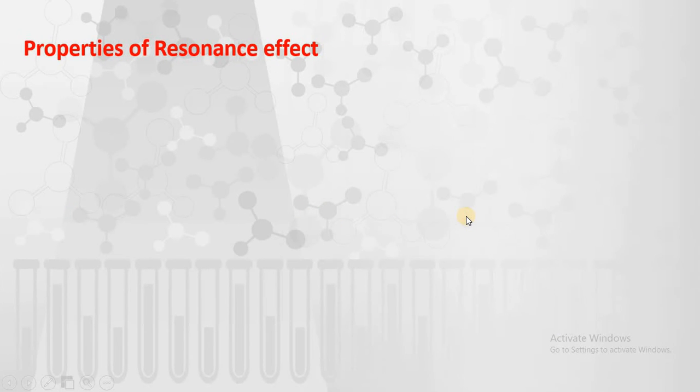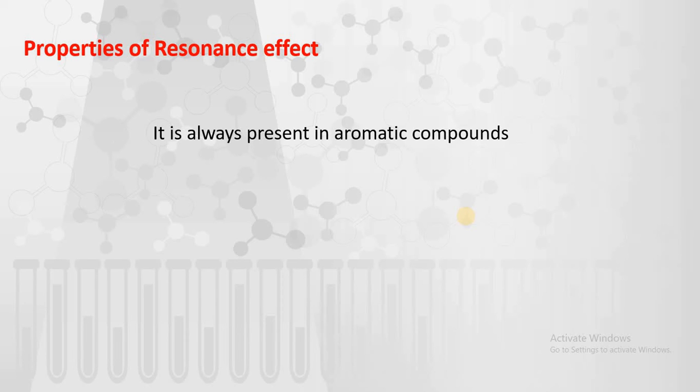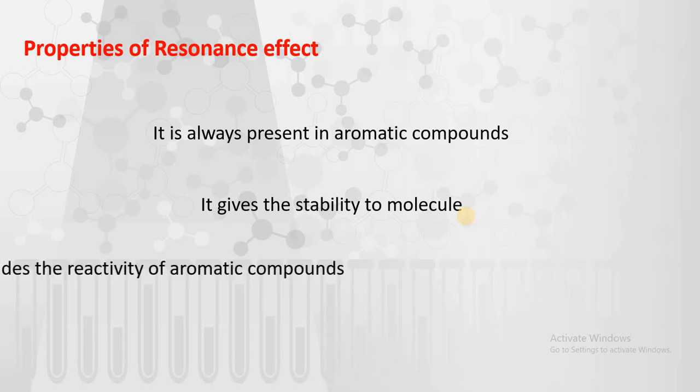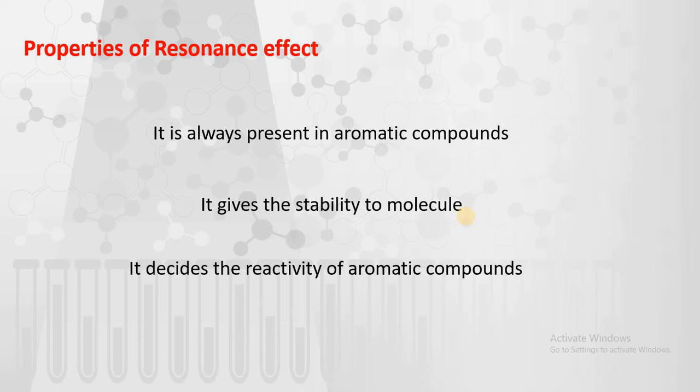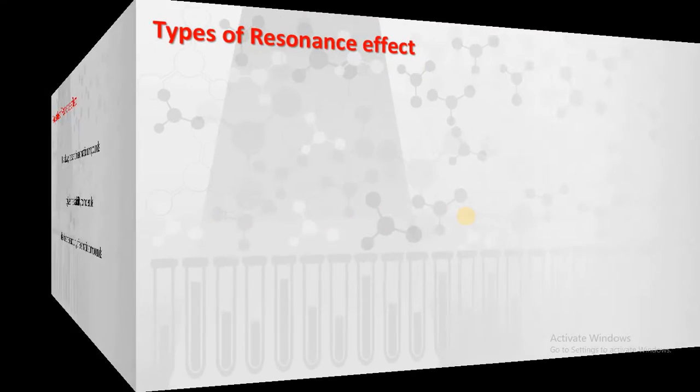Then what are the properties of this resonance effect? If you see, it is always present in aromatic compounds and gives stability to the particular aromatic compound or molecule, and it decides the stability and the reactivity of aromatic compounds.